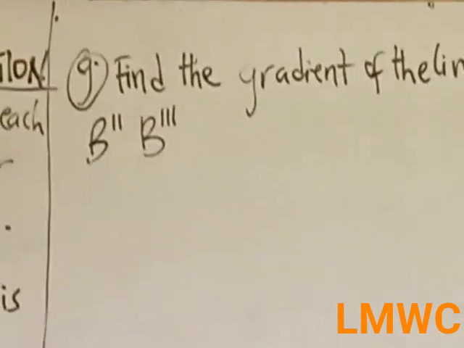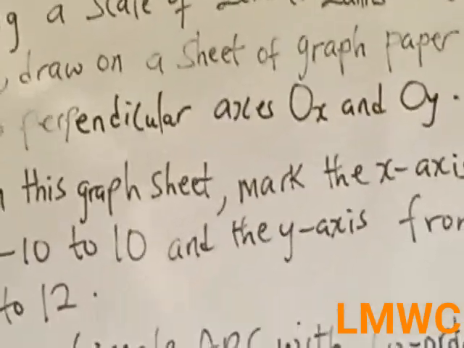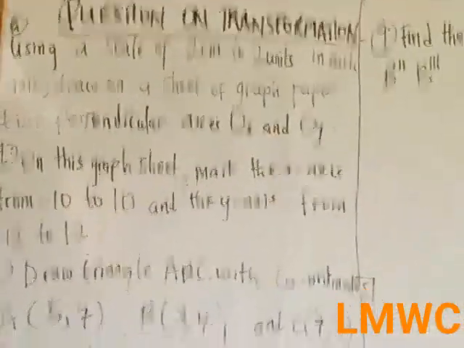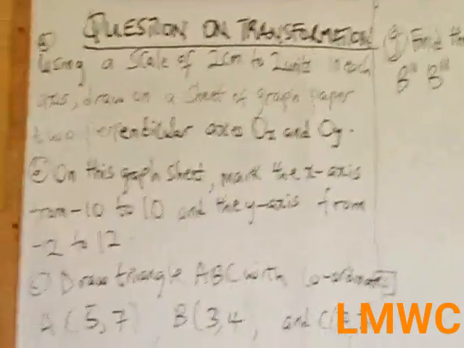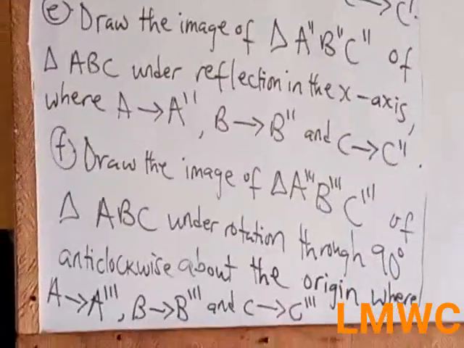Always, what you need to know about transformation is that you should know your formulas. Transformation, you should know every formula under reflection, rotation, translation, enlargement. You should know your formulas, how it goes about.